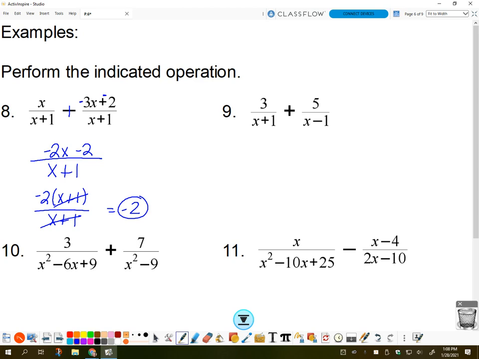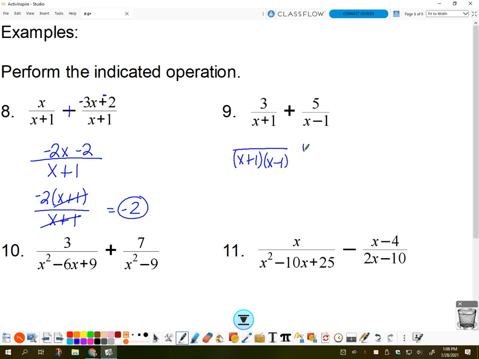Okay, so number 9, we do not have the same denominator. So I can make a common denominator, and I'm going to try to not show every single little step, but I'll explain anything that I'm skipping. So we have x plus 1, x minus 1, because these will not factor.